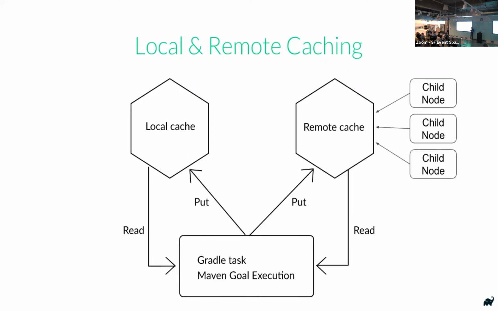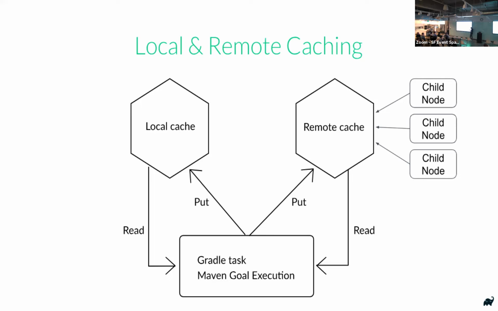When a local developer runs the build, we usually recommend that developer builds don't store output in the remote cache. The remote cache is also used for release builds, and we want only controlled environments to feed it. So when a developer runs the build, the first thing they check is whether the output is available in the remote cache. No. Is it available in the local cache?